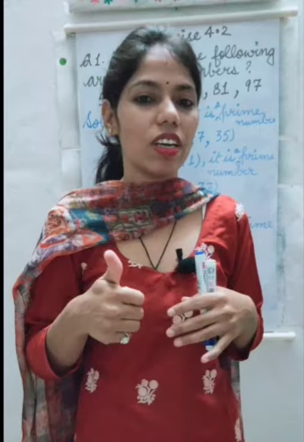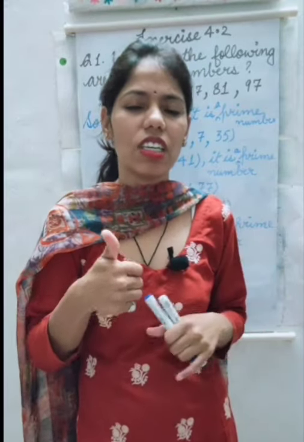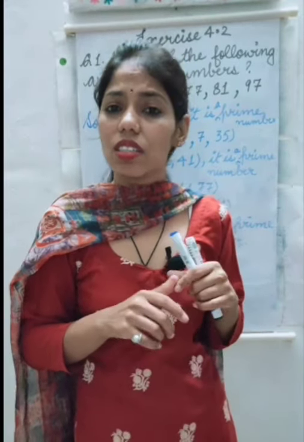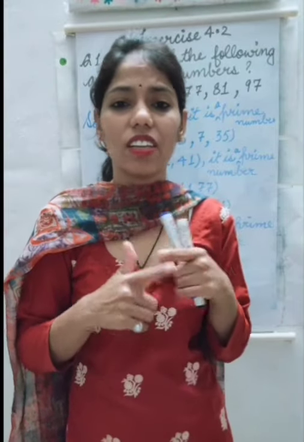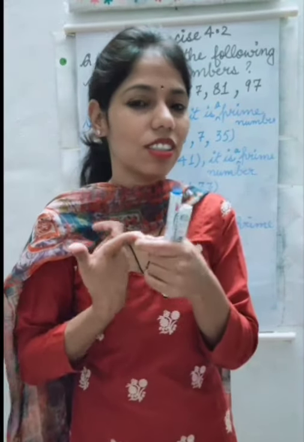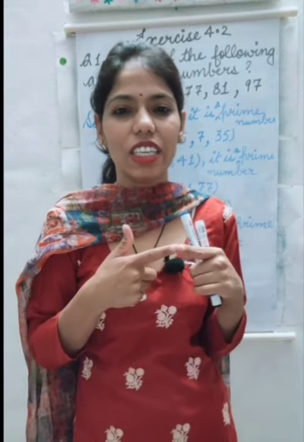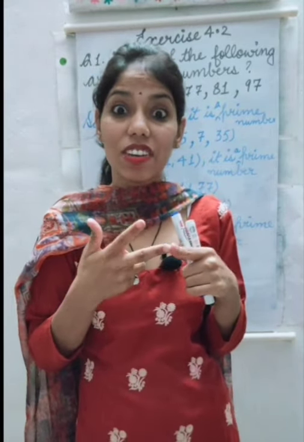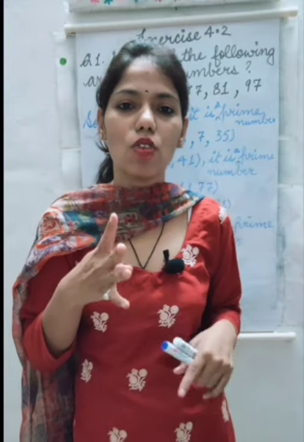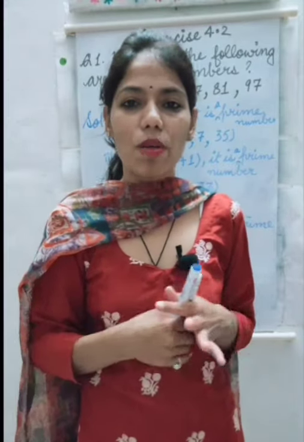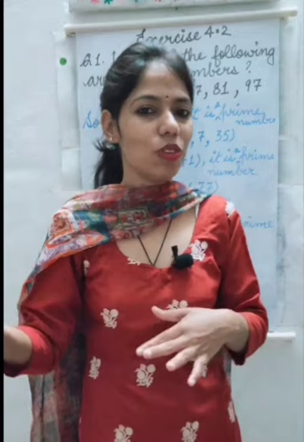After that 11. In an example we studied earlier that 11 is a prime number. Then 13, its co-prime partner. So 11, 13, then 17, 19. So these four are the prime numbers between 10 and 20.